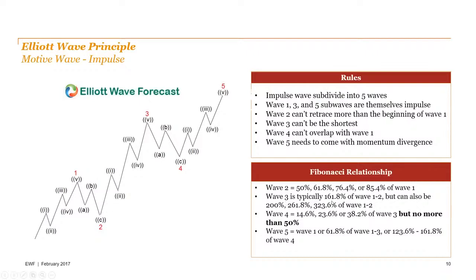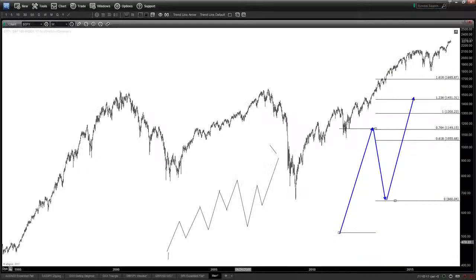Wave 3 is typically 161.8% of wave 1. So in other words, this is 1.618 of this. Okay? So if I have wave 1, wave 2, wave 3 is usually the longest and goes past.